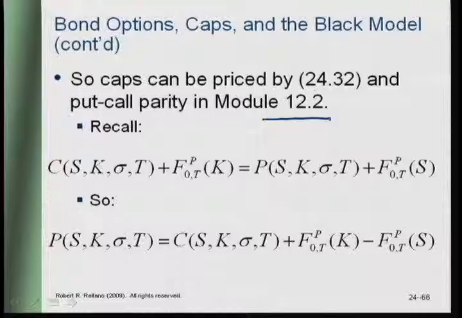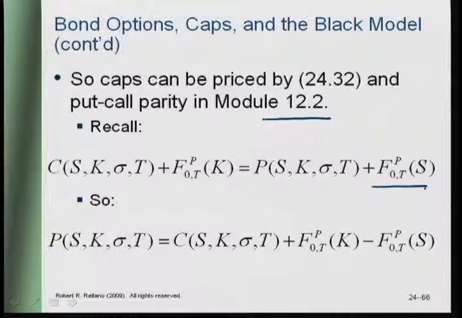And it says that if I have a call on S with a strike of K, and I add to it the prepaid forward price of K, I get the same as a put on S and the value of a prepaid forward on S. So this was the generalized put-call parity that related puts and calls to prepaid forward values.